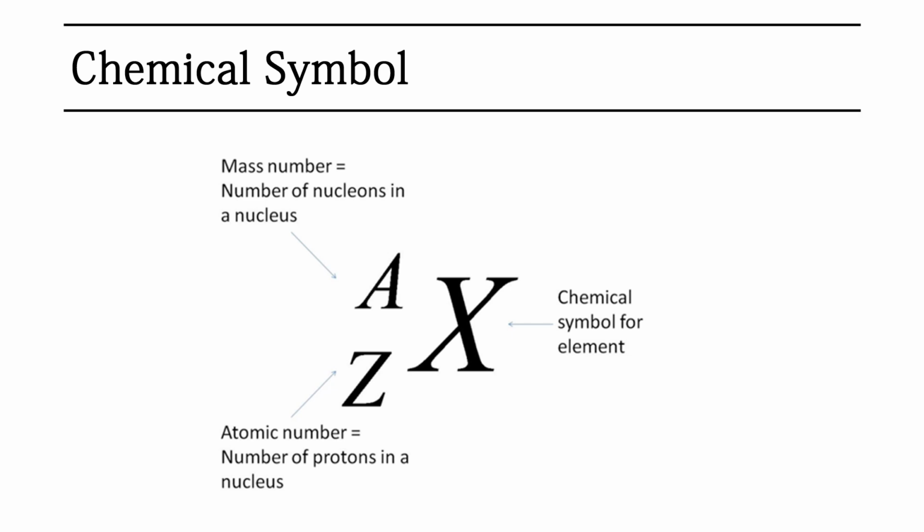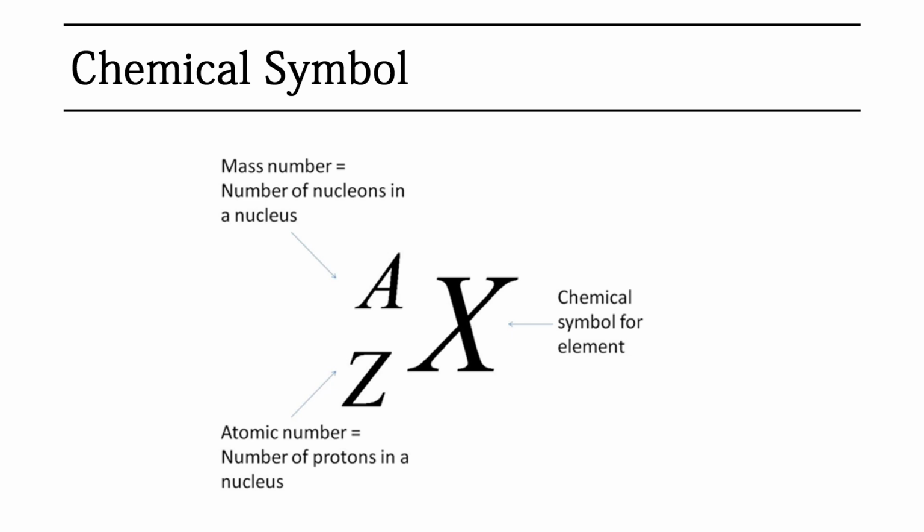When you are considering a chemical symbol, we have the mass number and the atomic number. Atomic number means the number of protons. It is similar to the number of electrons in the ground state, and the mass number is the summation of the number of protons and the number of neutrons.